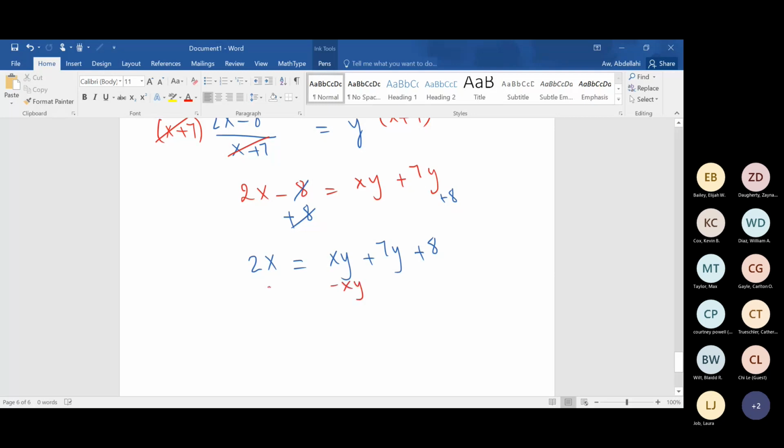So I get 2x minus xy is equal to 7y plus 8. You see, you have to group the x terms on one side, and the other terms on the other side.